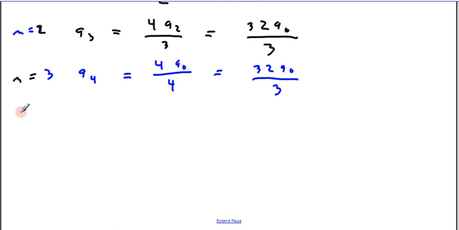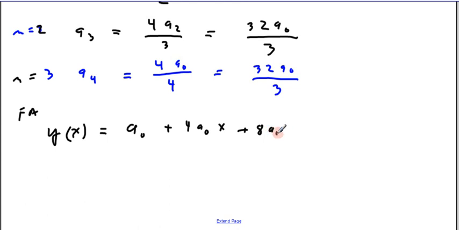So my final answer, y of x, is going to be A0 plus 4 A0x plus 8 A0x squared plus 32 over 3x cubed plus 32 over 3x to the fourth. And I'm going to check my work.